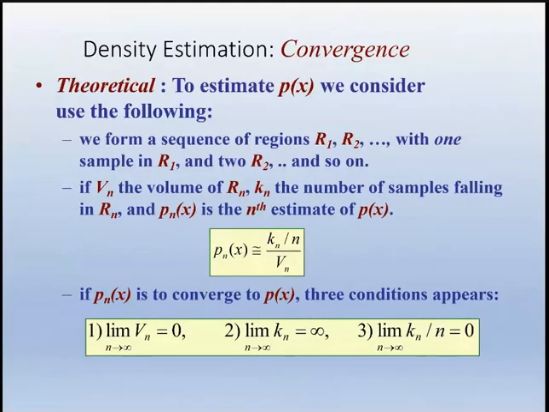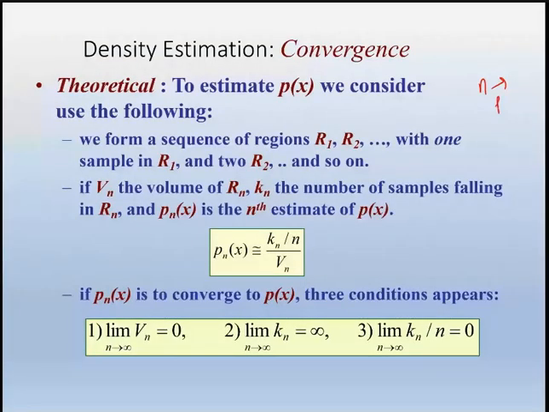So theoretically, what we can do is take some small region R1, and suppose we form a sequence of regions R1, R2, and so on, with one sample in R1, two samples in R2, three samples in R3, and so on, then n samples in Rn.